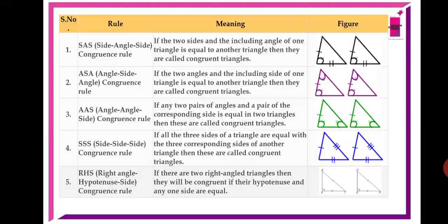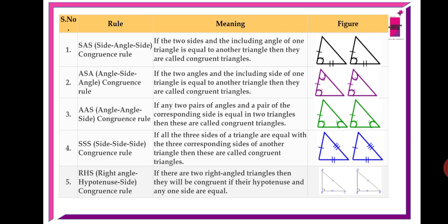If any two pairs of angles and a pair of corresponding sides are equal in two triangles, then they are congruent, because if two angles are equal, then the third angle is also equal based on the angle sum property of triangles. So ASA and AAS are the same kind of congruence rule.